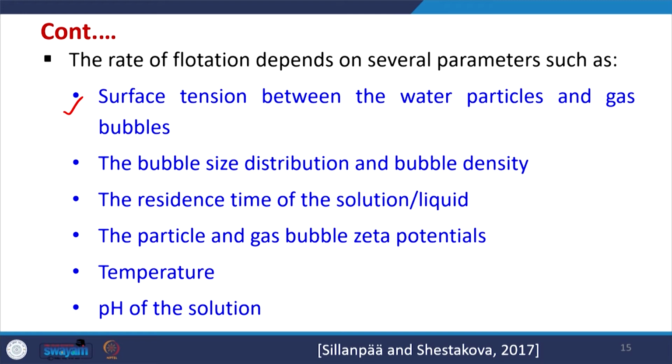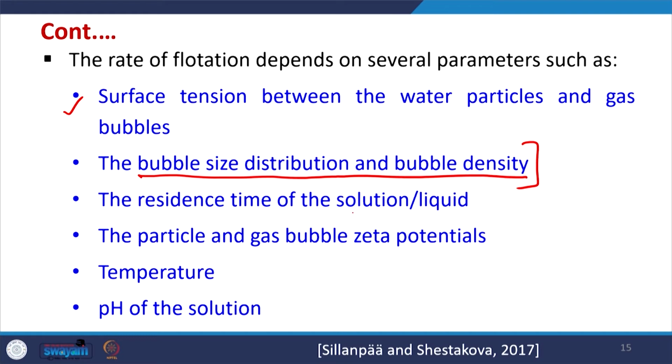What is the bubble size distribution and the bubble density? That means how many bubbles are getting formed and what is their size distribution, and whether the bubble is broken down before it actually reaches the surface or not. All of this is a very important parameter.